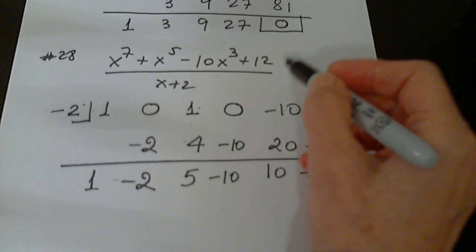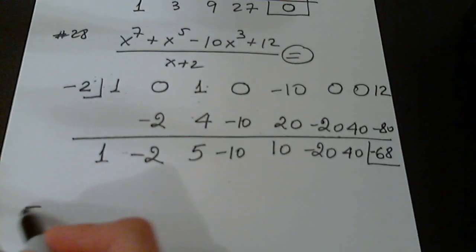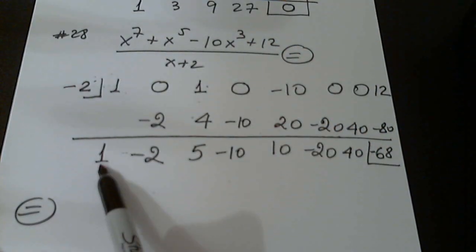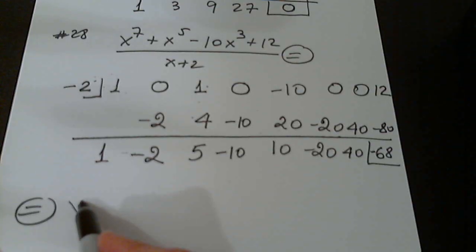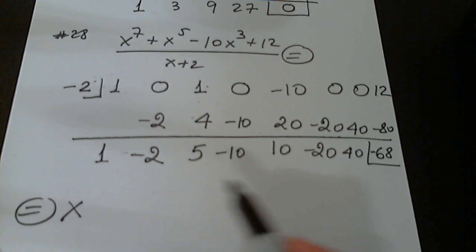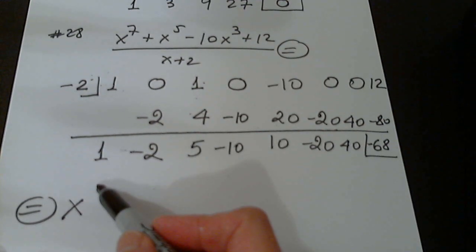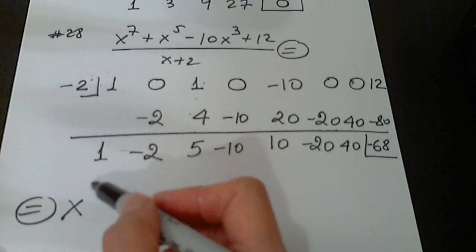Now, I divided degree 7 by degree 1. What is this? Is it x to the 6th power?